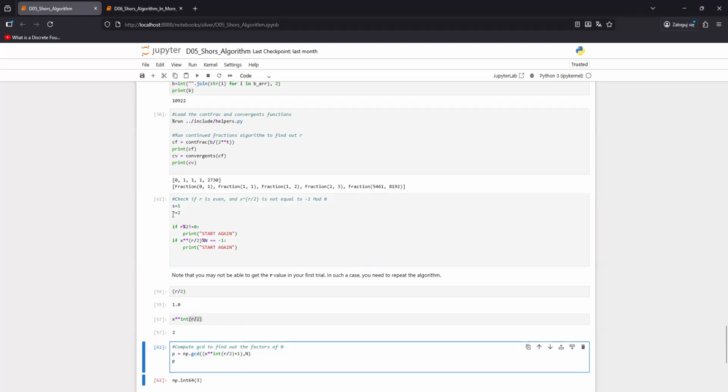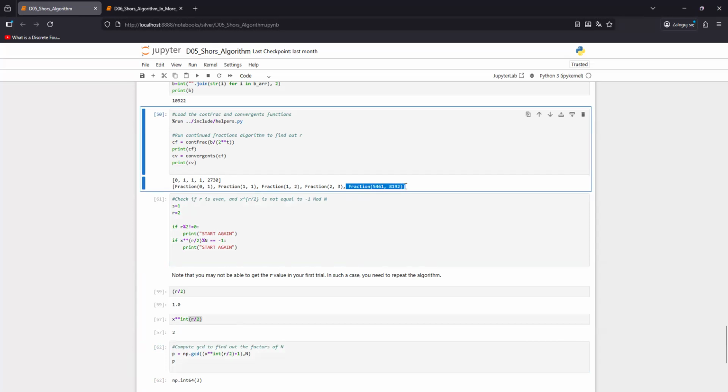Then you can either adjust the accuracy for quantum phase estimation, or just start again from the very beginning. You can also sometimes try a different combination of fractions from there.